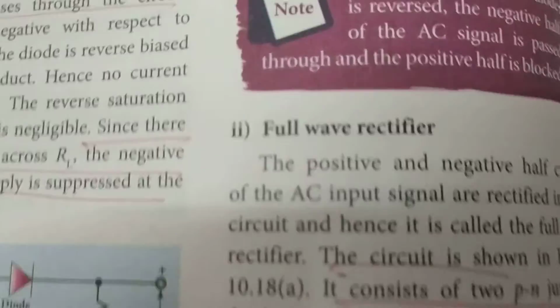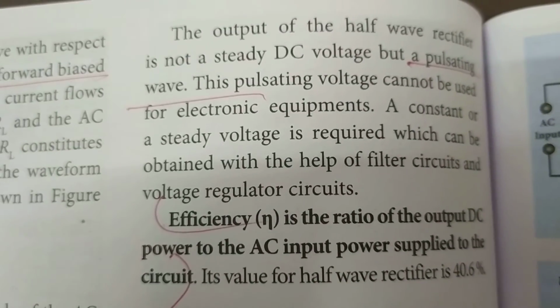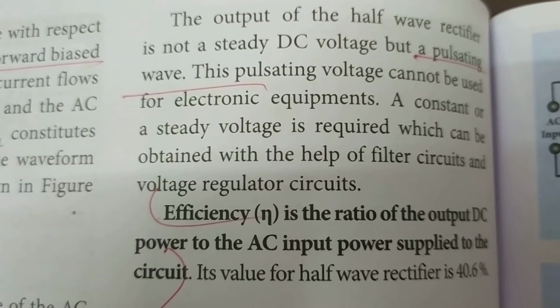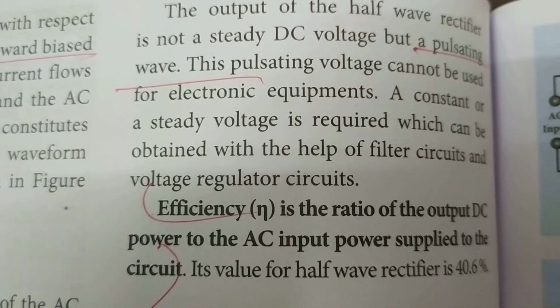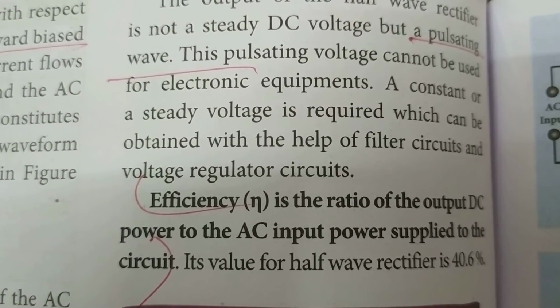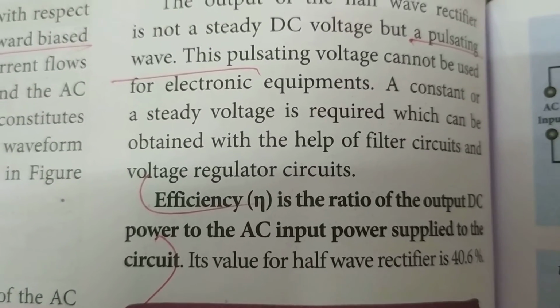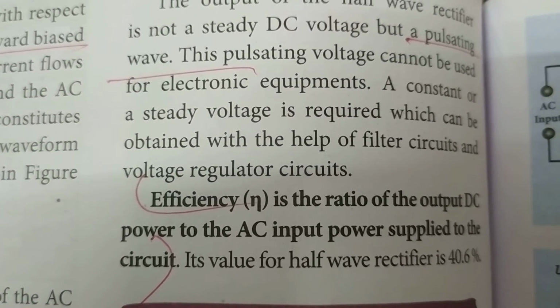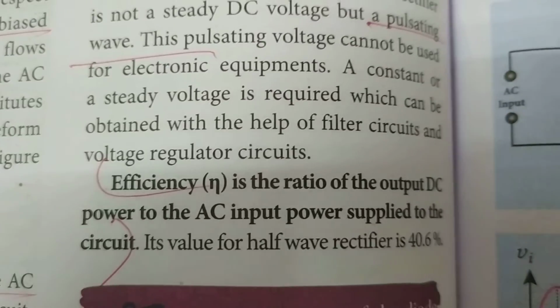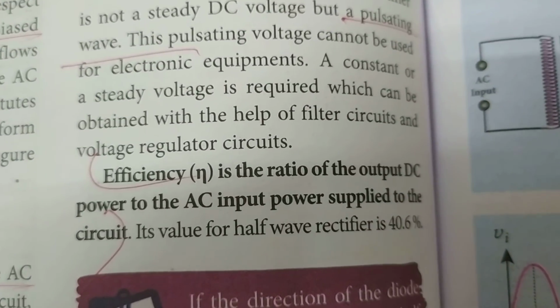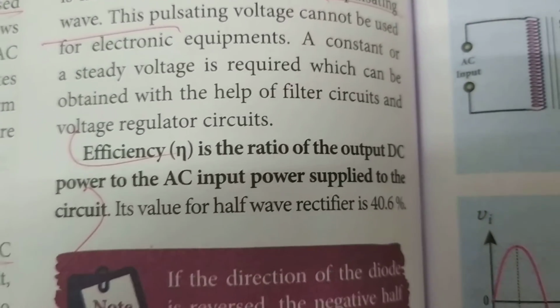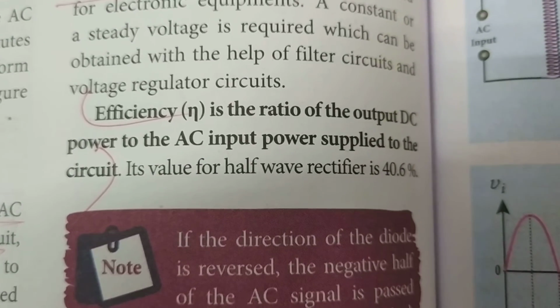When you look at the efficiency, the voltage here is pulsating in nature. Pulsating means it is like a pulse and not direct. You are not getting a DC voltage but a pulsating wave, and this can be smoothed with the help of filter circuits and voltage regulator circuits. Now, what is efficiency?